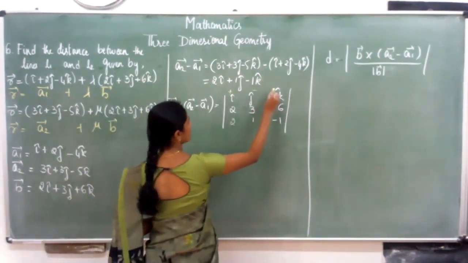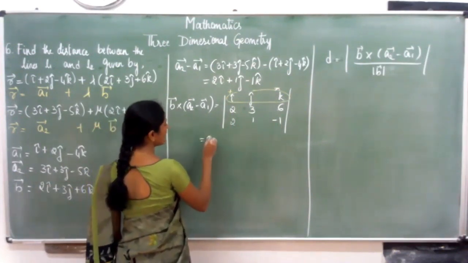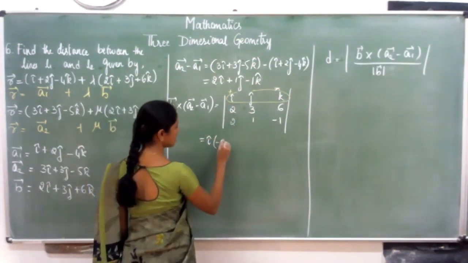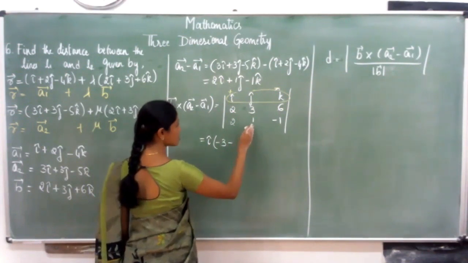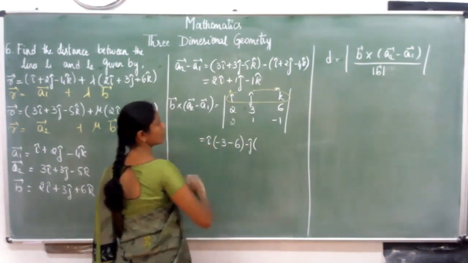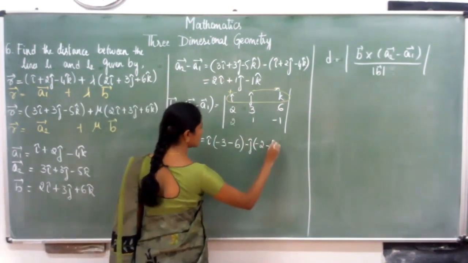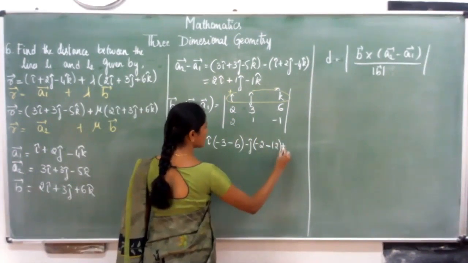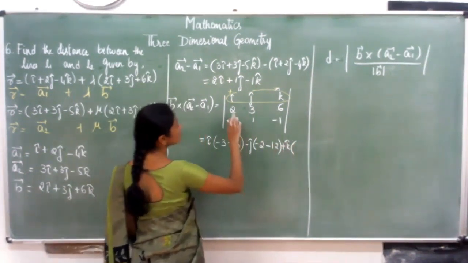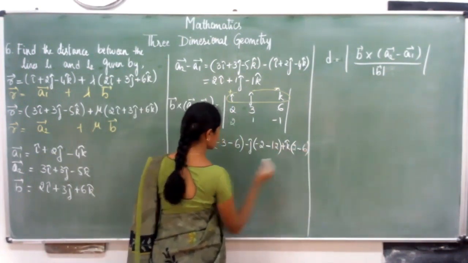So now expanding along the first row, this will be equal to i cap into 3 into minus 1 minus 1 into 6, minus j cap into 2 into minus 1 minus 2 into 6, which is 12, plus k cap into 2 into 1, which is 2, minus 2 into 3, which is 6.